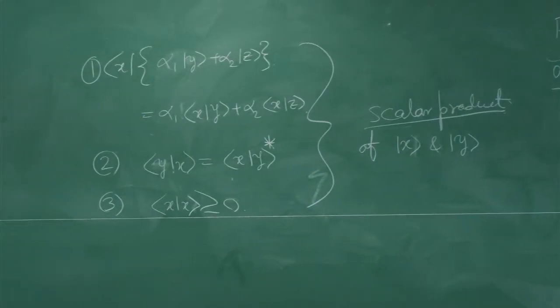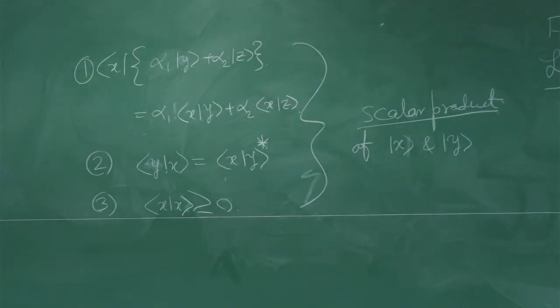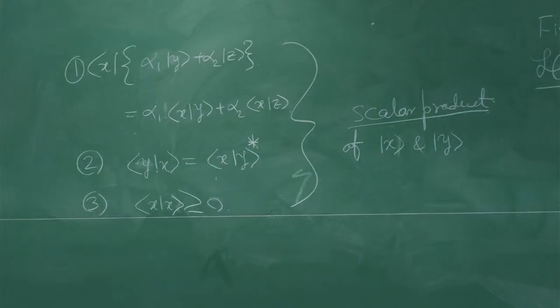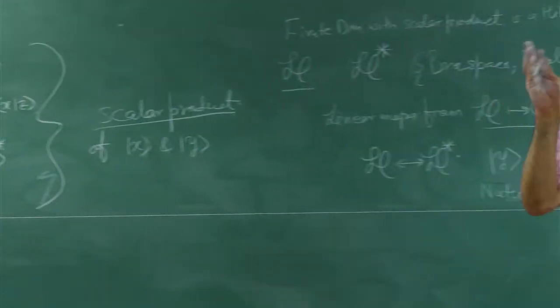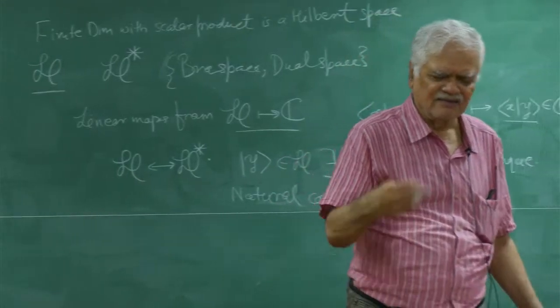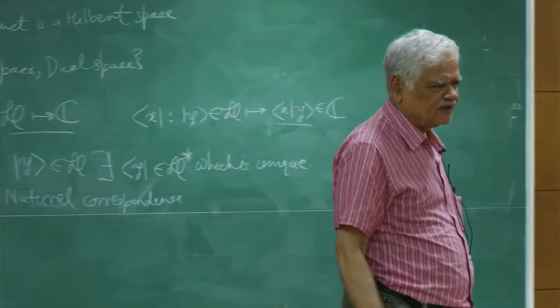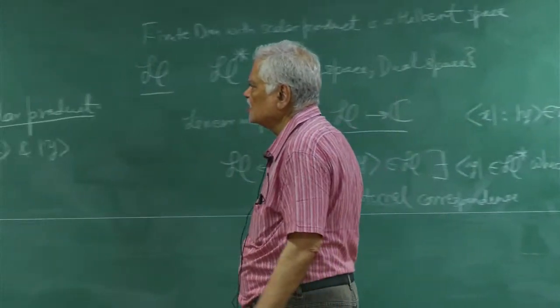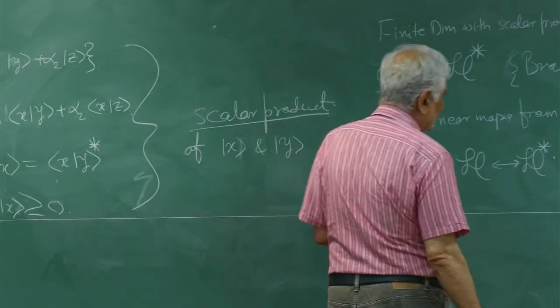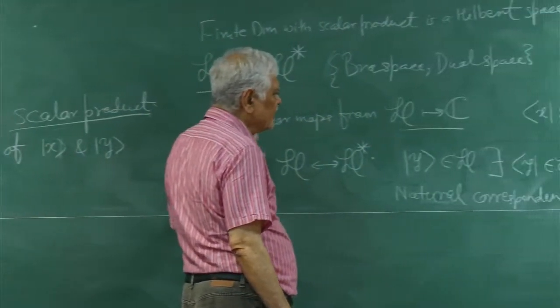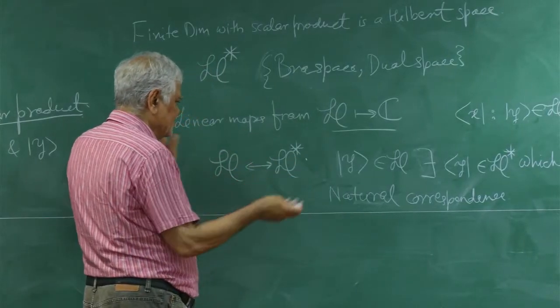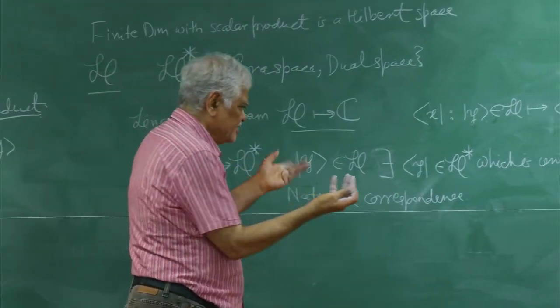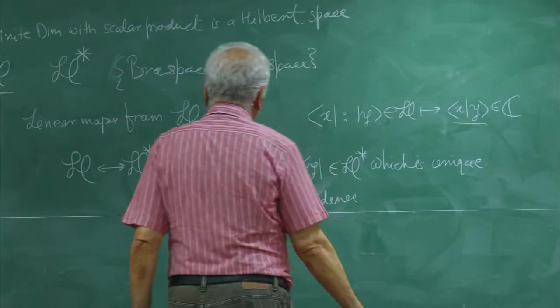Now you can read the statement again: a finite dimensional linear space with a scalar product is called a Hilbert space. If the space is infinite dimensional, there are more complications, but we will not deal with infinite dimensional vector spaces at all. So I call my state space a Hilbert space interchangeably; same thing.